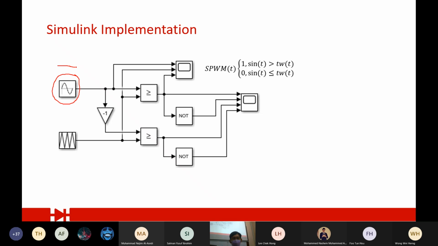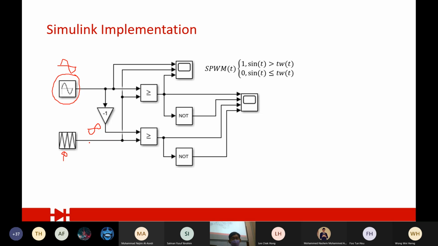Now you can see this is a sine wave. And it passes through what we call a relational operator, greater than or equal to, the triangular wave. This is the modulating signal, the triangular wave. And here you will see there's a -1. It will convert the sine wave to out of phase.